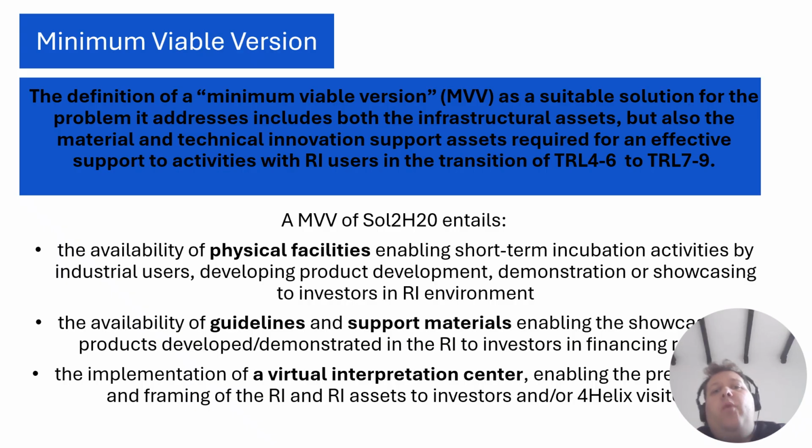And then we also entail in this minimum viable version a virtual interpretation center, so we can try to increase the integration of the different aspects of the technology transfer and renewable energies, and we can invite all the stakeholders into this space.